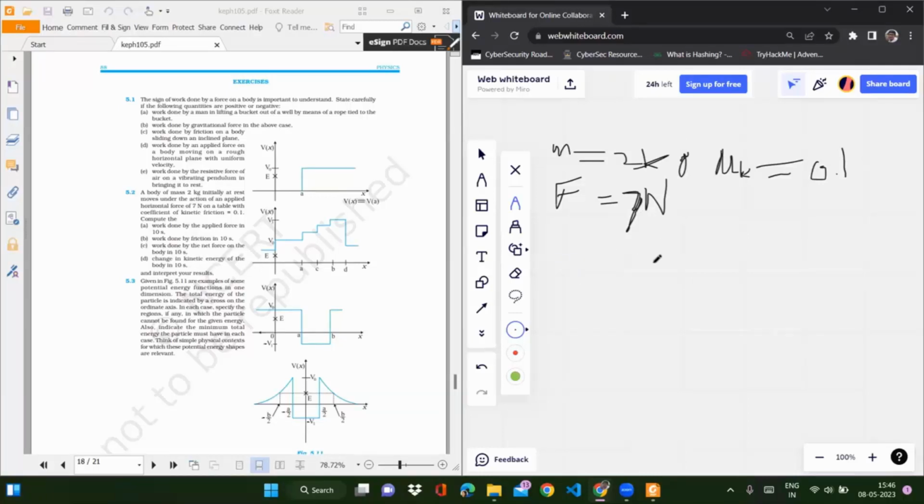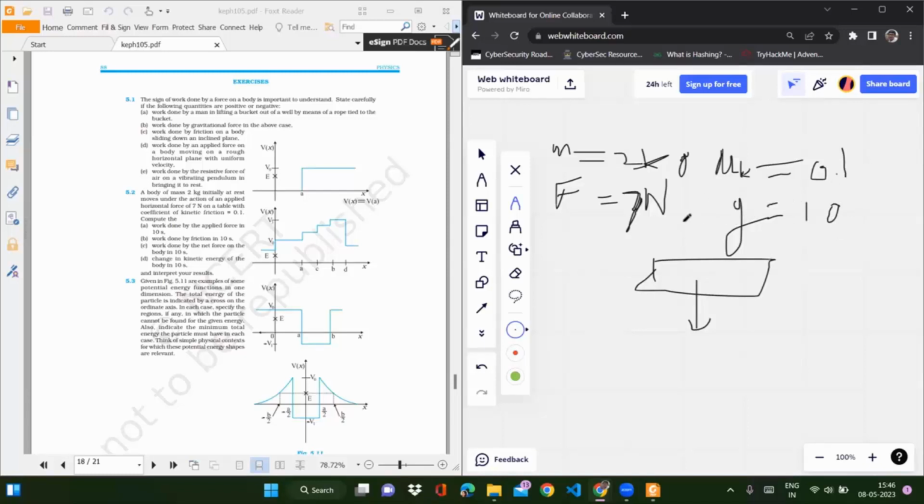So we'll draw the free body diagram of the body. Here mg will be acting downwards. In this case, I'm taking g to be 10 meter per second square. In most cases, you have to take g as 10 only, if it is not otherwise mentioned.